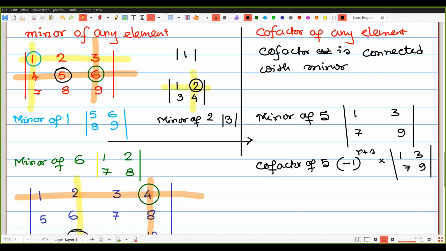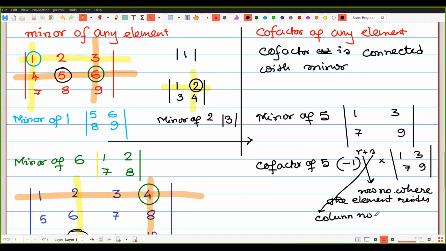Now what is r? What is s? R is the row number where the element resides, and s is the column number where the element resides.